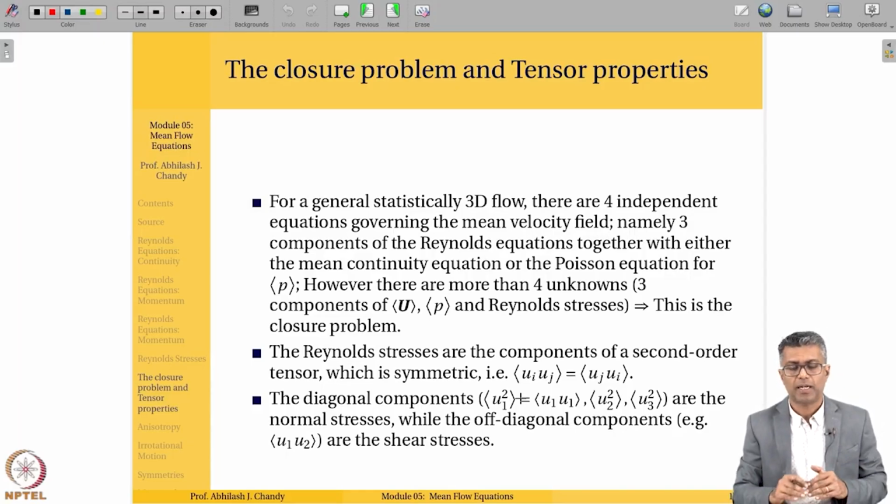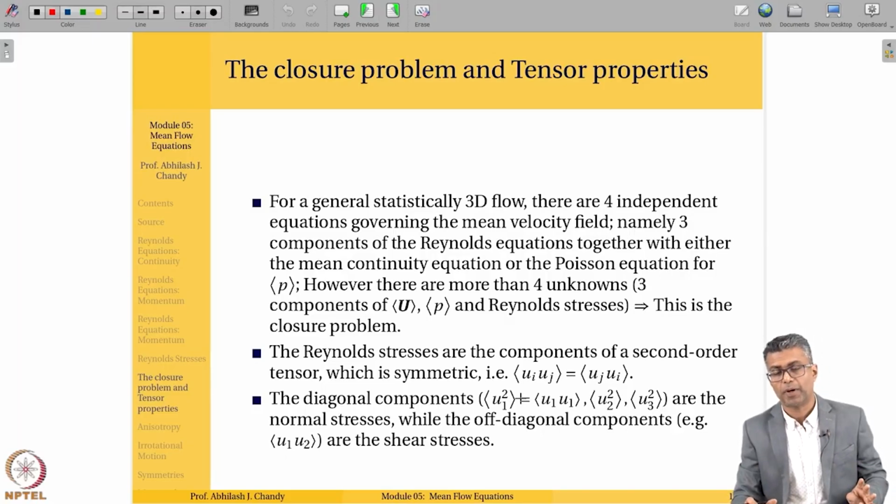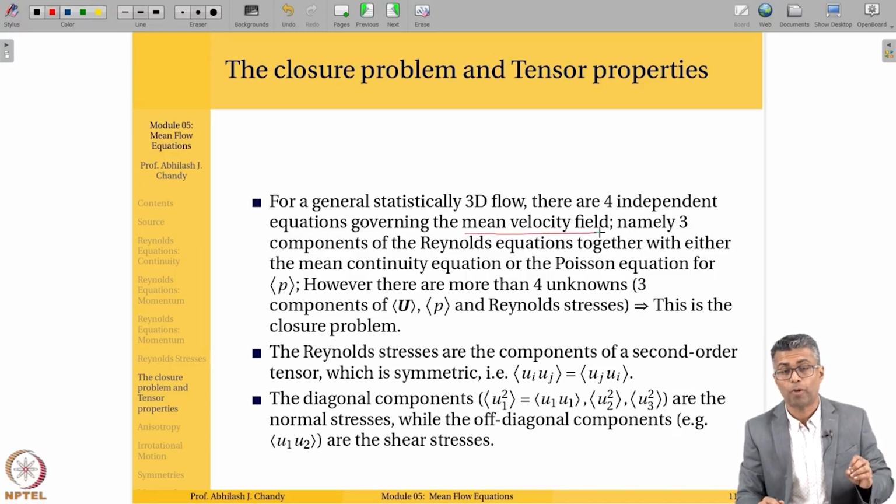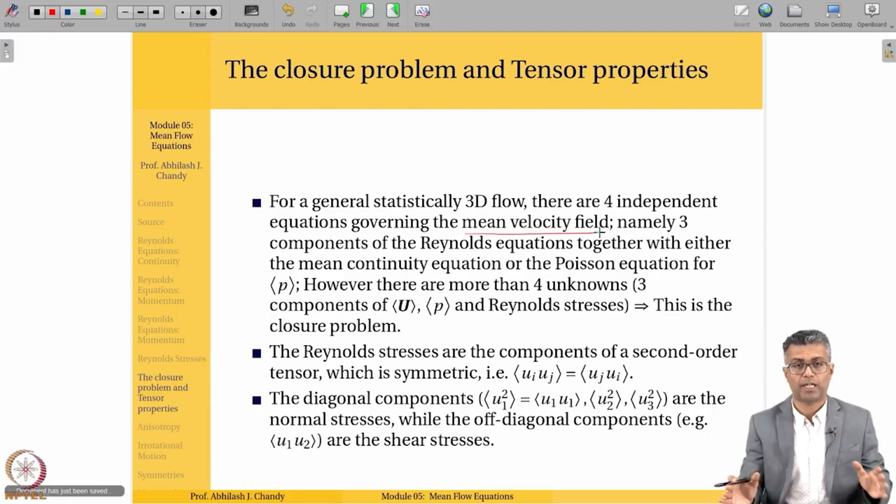So let's take a three-dimensional turbulent flow. You have four independent equations governing the mean velocity field, namely the three components of the Reynolds equations, together with either the mean continuity equation or the mean Poisson equation. We cannot take both, right?